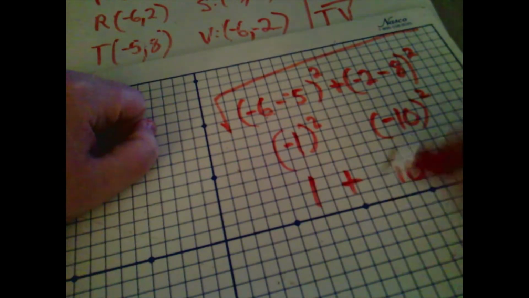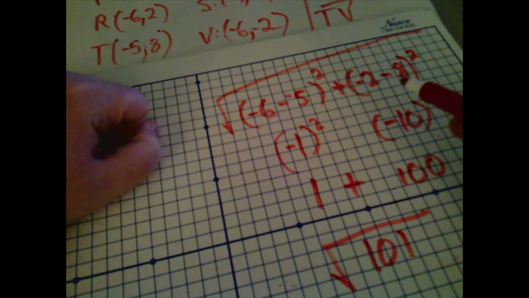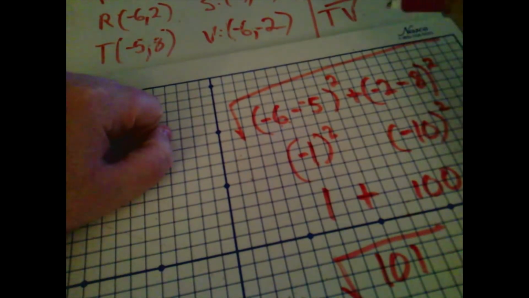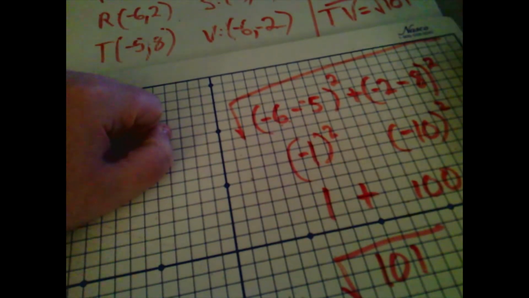And 1 plus 100 is 101. So the distance between T and V is equal to the square root of 101.